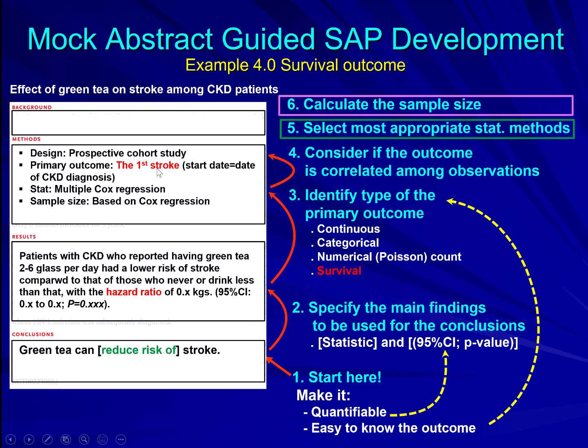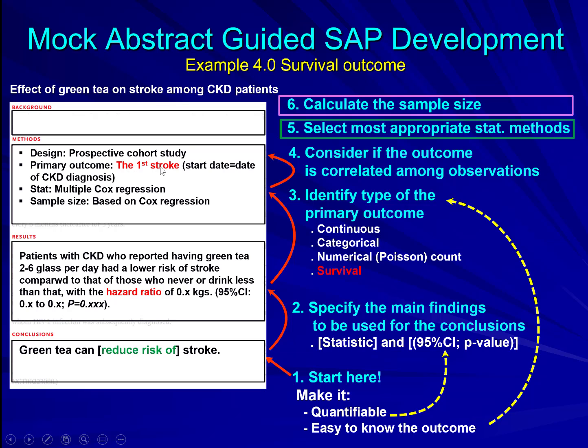The first stroke means the time from diagnosis of CKD to the first stroke is the outcome here. So this is the survival or event-free duration. The event here is the first stroke, a type of cardiovascular disease.